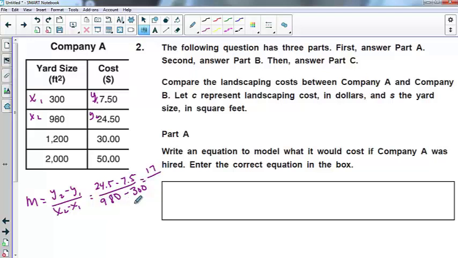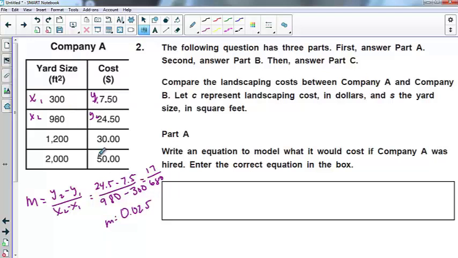17 over 980 minus 300. 680. And then what's 17 divided by 680? Just 0.25? No, it's 0.025, yeah? So this is my slope.